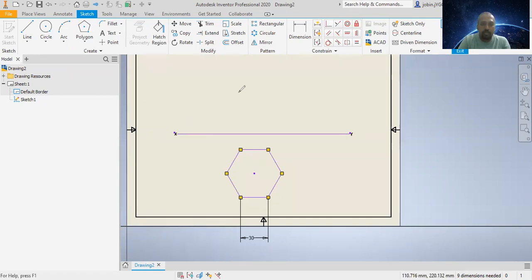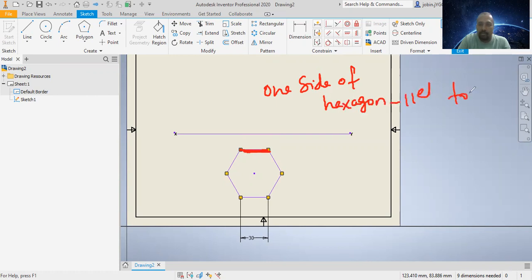First you have to draw a line like this, and this line will be parallel to XY line. Why? Because one side of the hexagon is parallel to VP. That is given. Then take this angle 120 degree. Then draw this line 30.